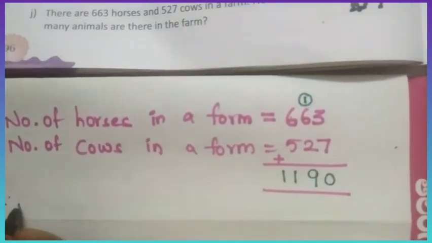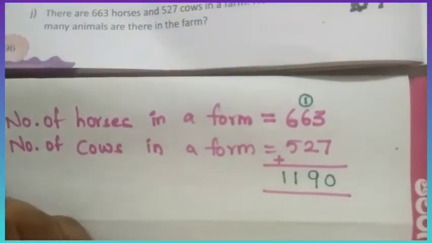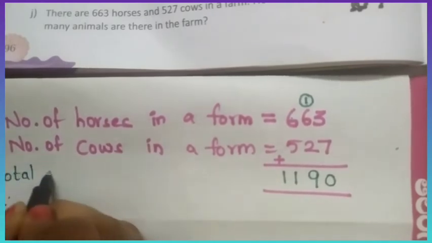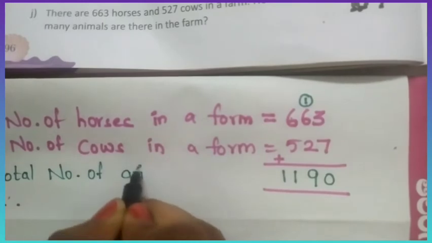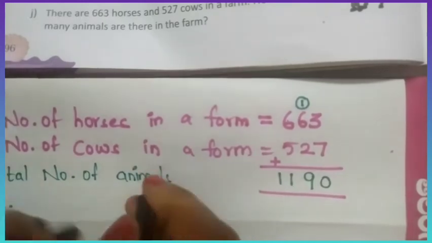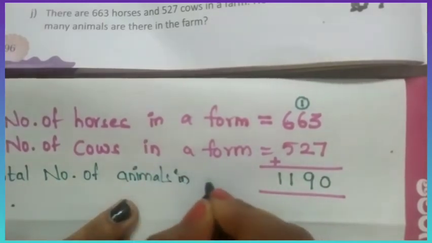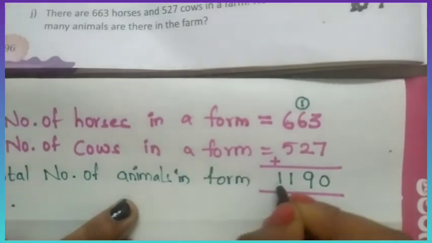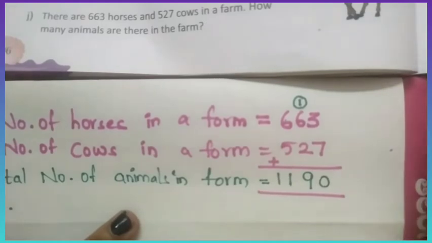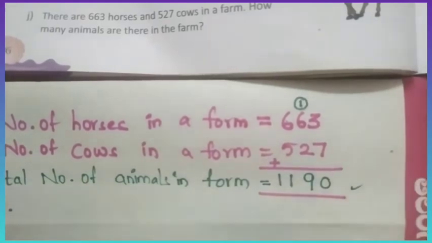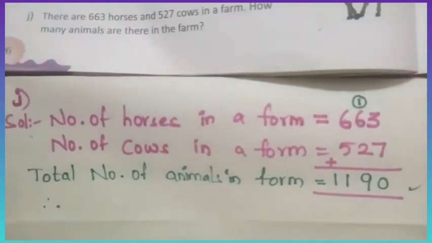So therefore here only write total number of animals in the farm: 1190 animals are there. Okay, this is J answer.